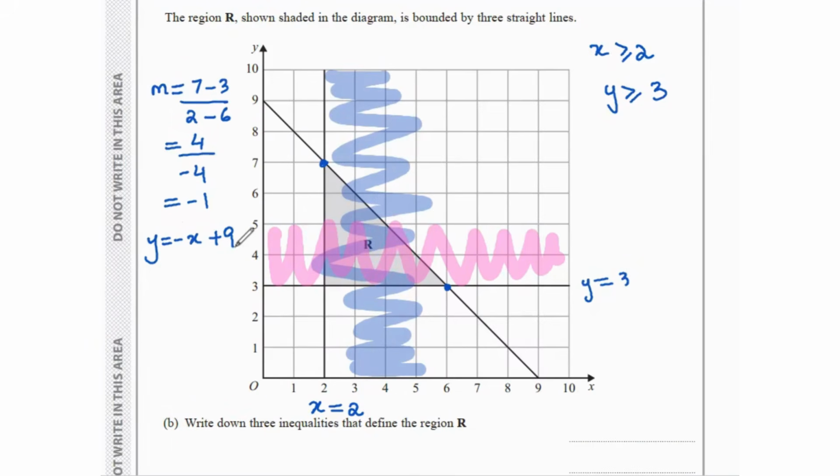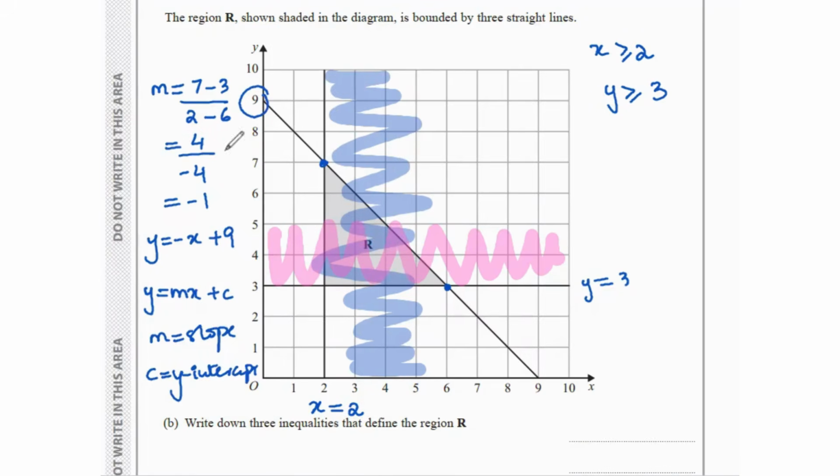If you're someone who doesn't know how to create the equation, remember, slope-intercept form is y equals mx plus c. m is your slope and c is your y-intercept. Y-intercept is the point through which the line is crossing the y-axis. So that's why I wrote 9 over here.